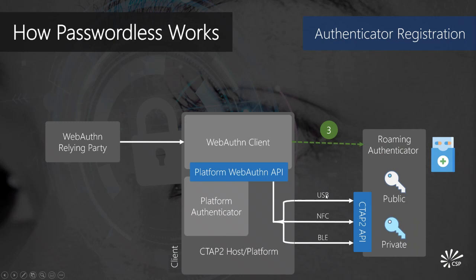But you have USB, near field, and Bluetooth as optional interfaces to a roaming authenticator. A roaming authenticator means nothing more than an external hardware device that's not built into the computer you're using with the browser. So the requirements sent by the reliant party are validated against the authenticator, and then the authenticator creates a new key pair, a private key and a public key.